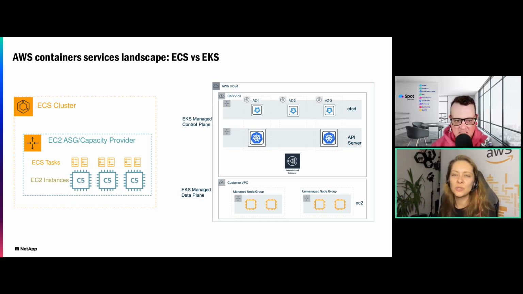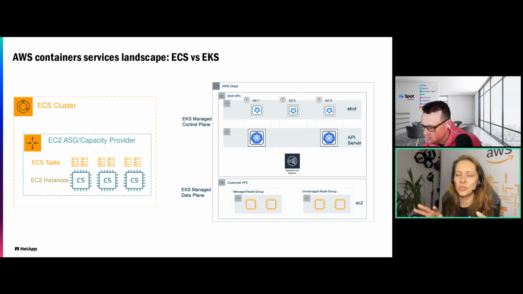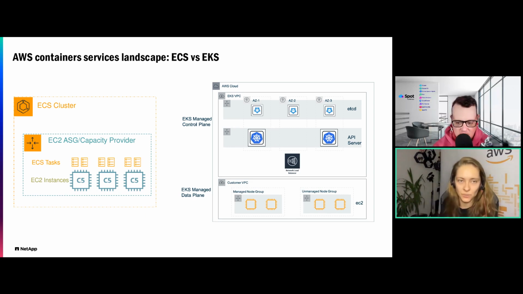Well, I guess it also depends on the actual management. It's not necessarily an architecture choice question. It's more like, what do you do after you deploy it? Depending on how you want to manage the life cycle of your containers, you might decide whether it would be ECS or EKS. One example is networking.